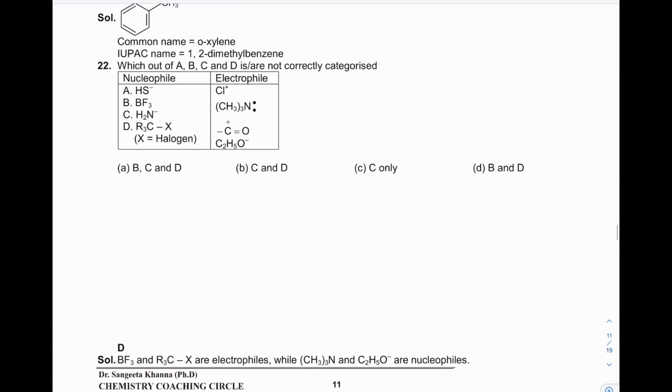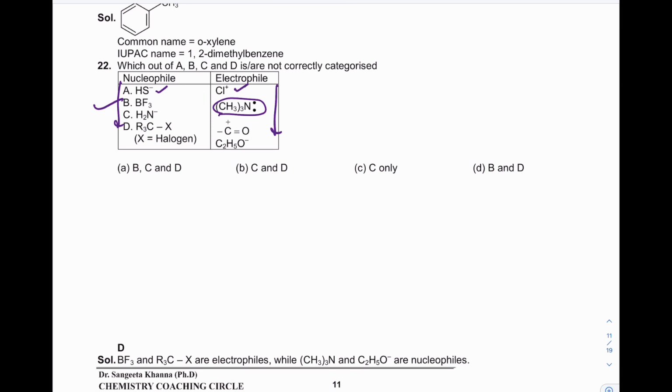Next is which is not correctly categorized. These are the nucleophiles, these are the electrophiles. In A, yes, this is a nucleophile and this is an electrophile. In B, BF3 can't be a nucleophile, it is electron deficient. And this can't be an electrophile because it is electron rich. So B is not a correct match.